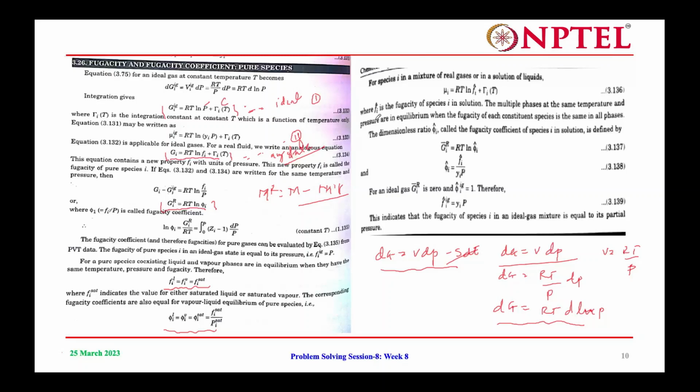So you can write down, for a species in a mixture of real gases or in a liquid solution, mu i equal to RT ln fi bar plus a constant. You can write it simply as C. So here fi bar is the fugacity of species i in a solution.